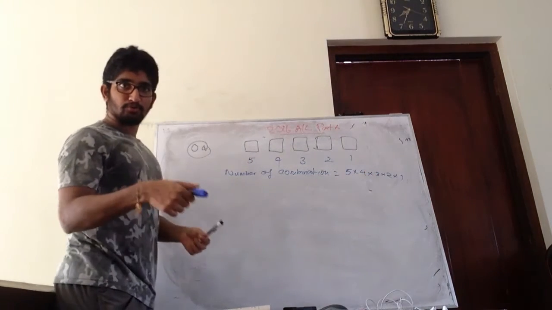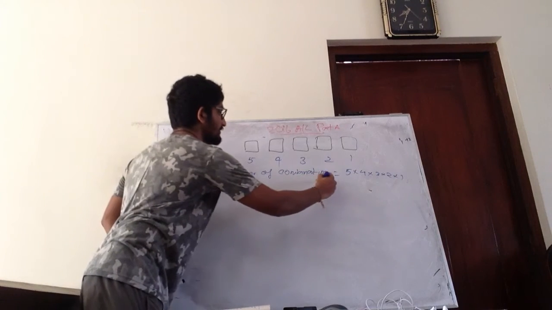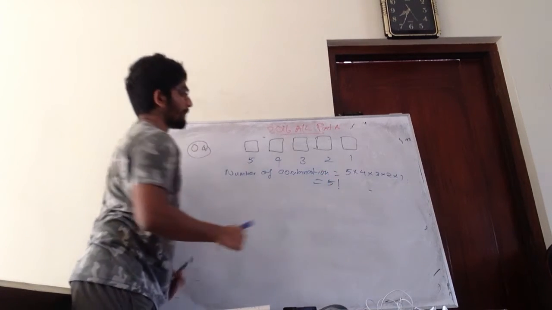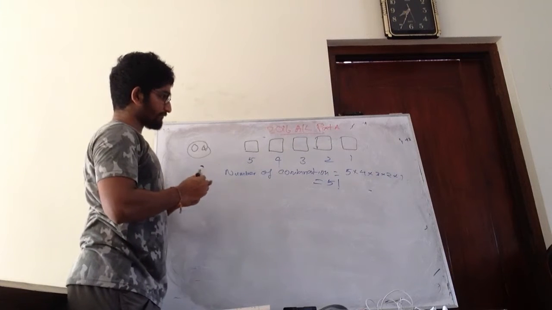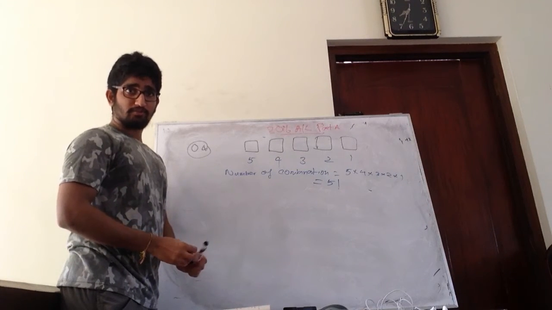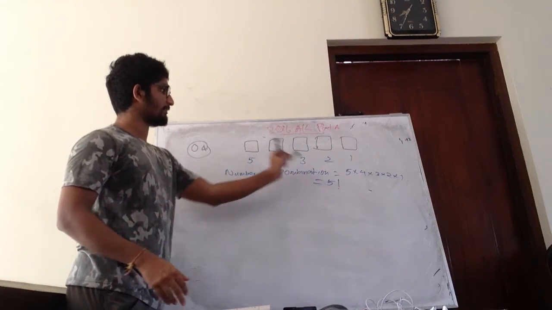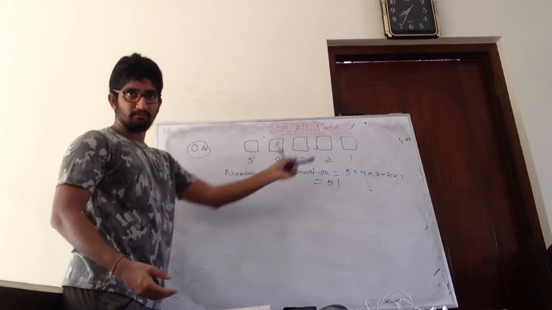Or basically if you use the theory, it is simply the factorial of 5. This is the theory, but this is the practical way.